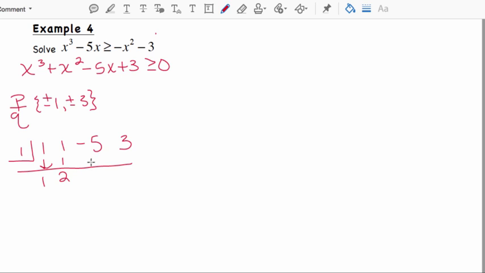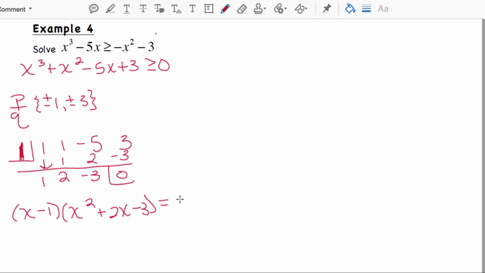So I'm going to quickly divide this, and I get a remainder of 0. So the first factor that comes out is not going to be x plus 1, it's going to be x minus 1. The 0 is 1 in the box, but the actual factor that it comes from is x minus 1. And then we're left with x squared plus 2x minus 3.